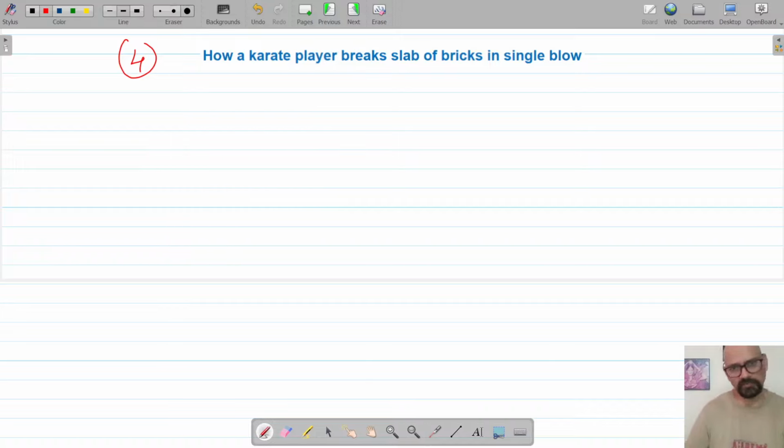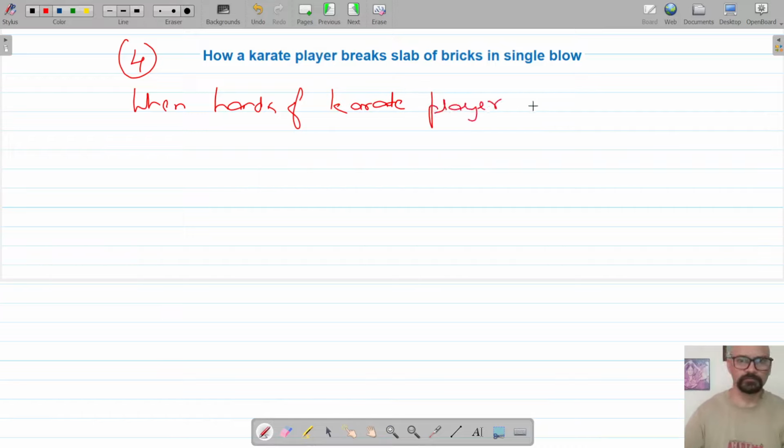When the hands of the karate player move, they carry velocity. You might have seen that they bring down the hands with a very large velocity.